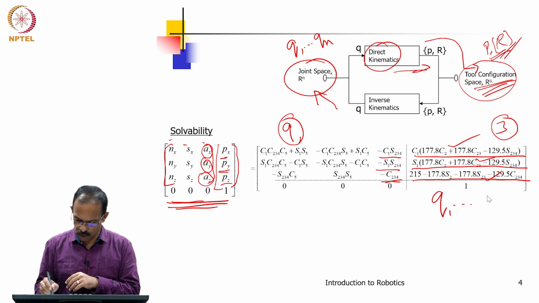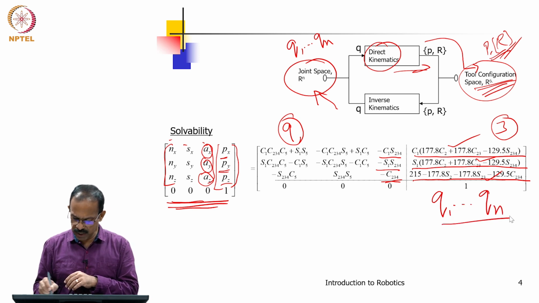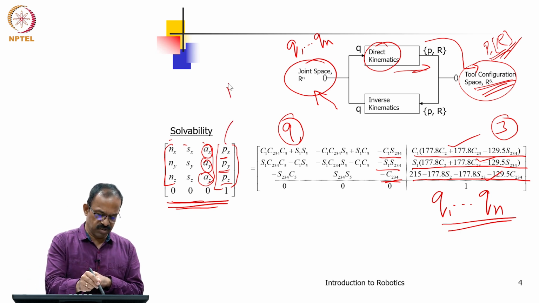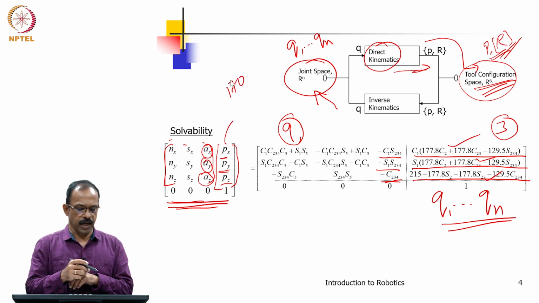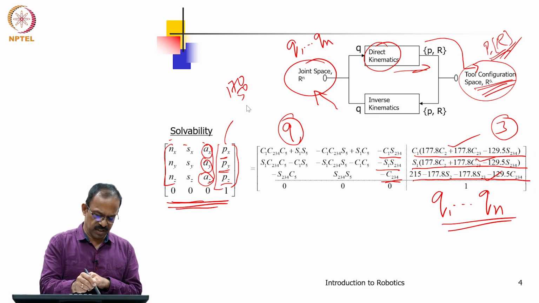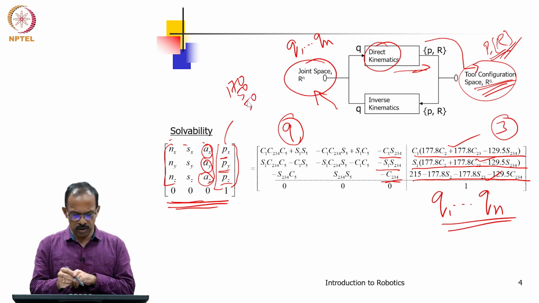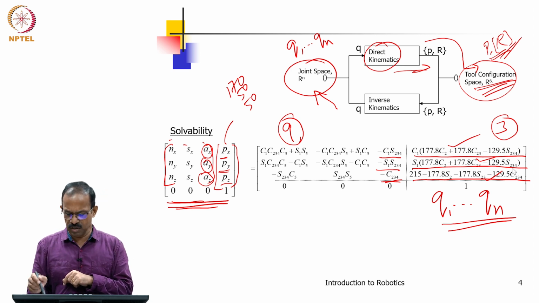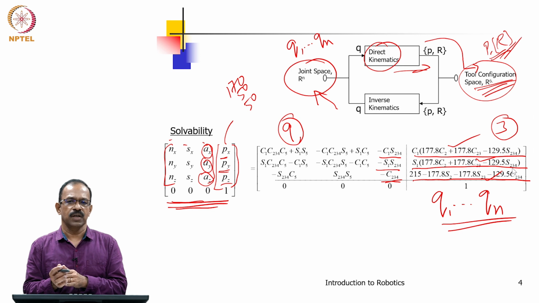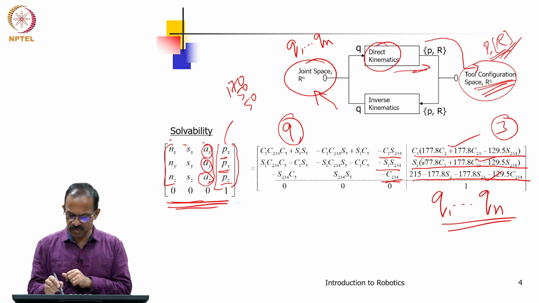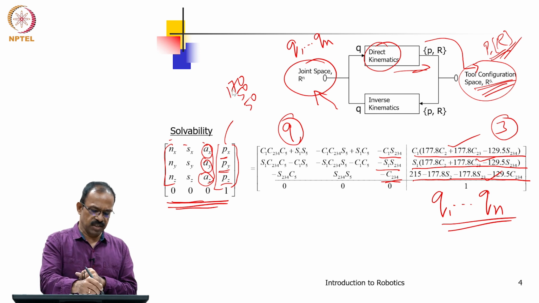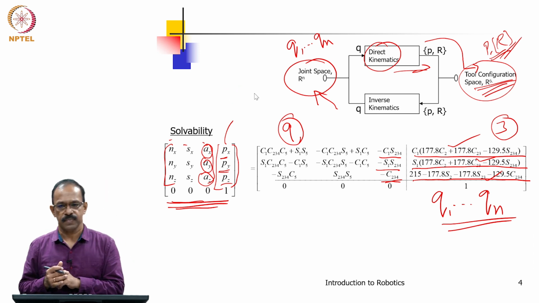So, you have q1 to qn to be found, because if Px is given, suppose Px is equal to 170 and Py is equal to 50 and Pz is equal to 50, then I have to write 170 is equal to this, 50 is equal to this and 50 is equal to this, and solve to find the values of theta 1, theta 2 etc., which satisfy these conditions. That is how we need to look at this.